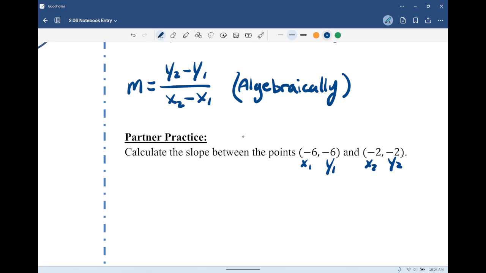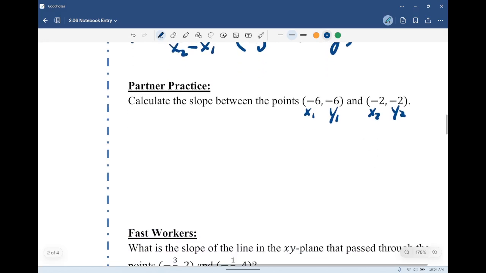Seeing Chiral already ending up with a slope. Setting up that fraction, very nice. Again, just looking to find the slope between these 2 points. 20 seconds left, looking to get a slope, now 15 seconds.